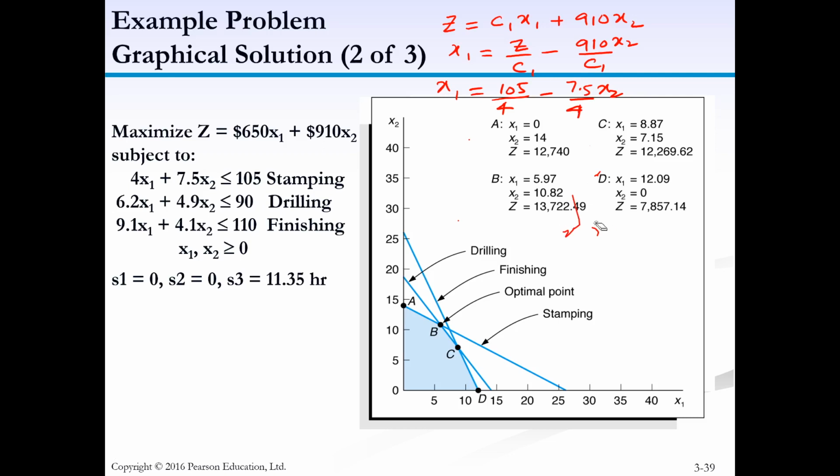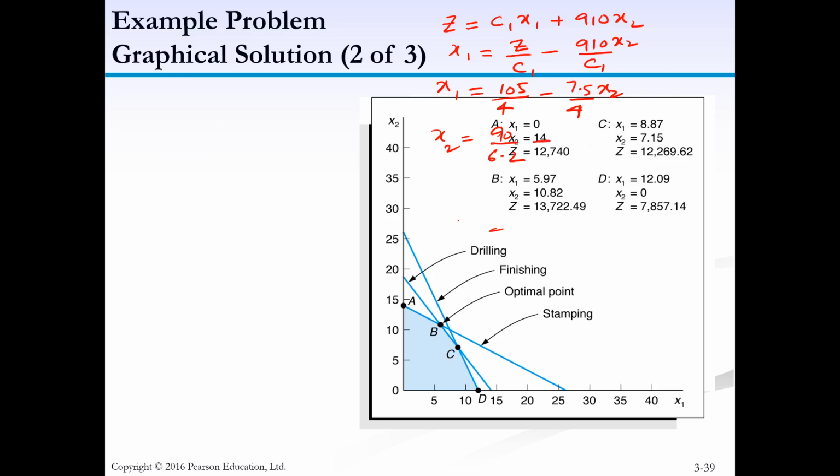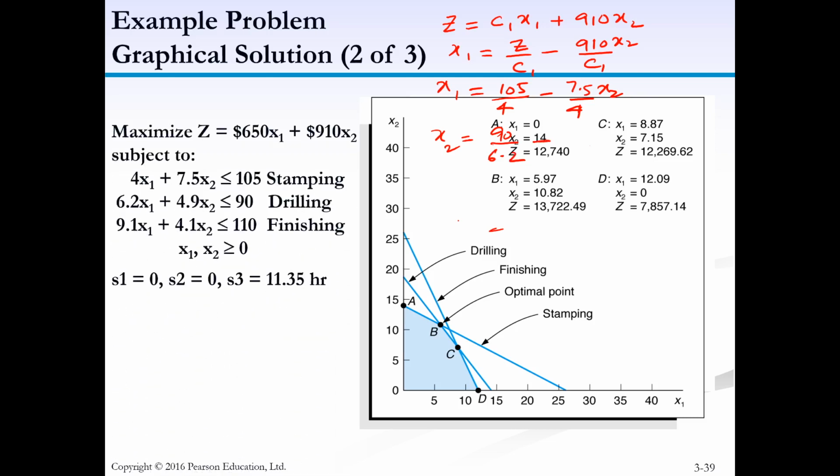Then we have the second constraint, x2 equals 90 over 6.2 minus 4.9 over 6.2 x1, sorry, it should be x1 here, right?